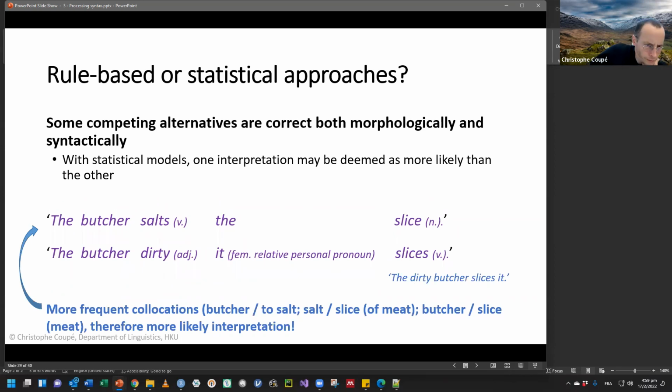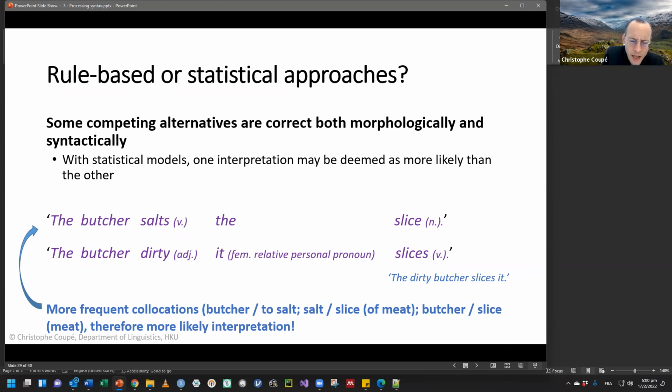But now, with statistical models, maybe you could say at least that one interpretation is more likely than the other. That a butcher is dirty and slices something, okay, it is possible, but I think it's much more frequent to have a butcher who is always working with food, with meat, who is putting some salt on a slice of meat.